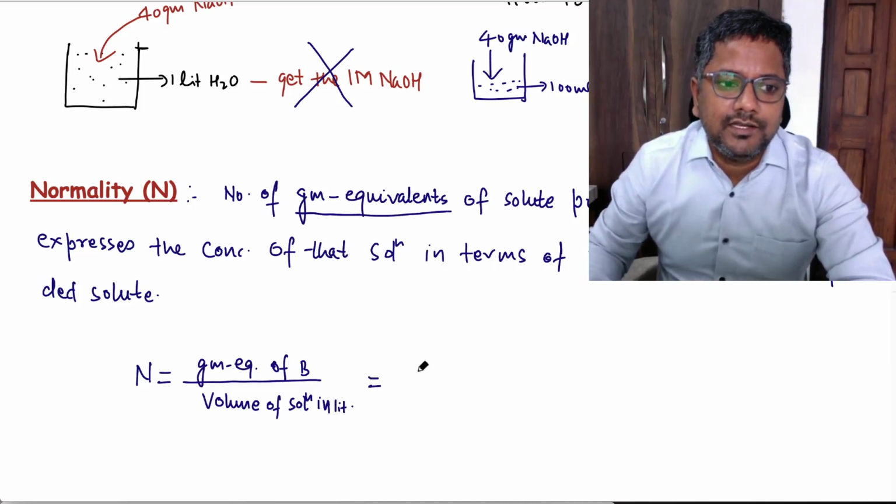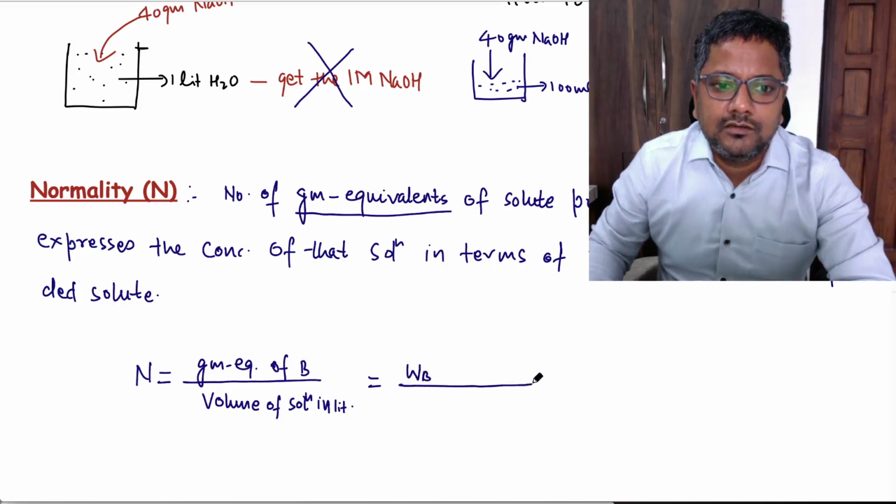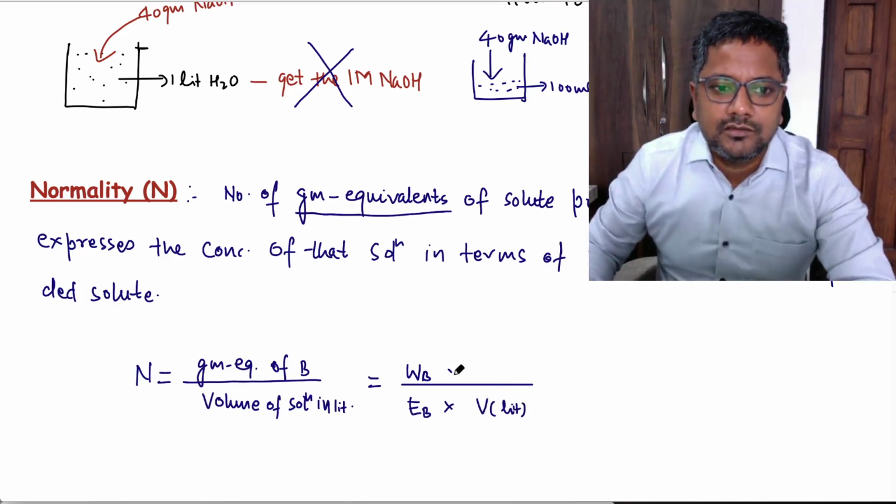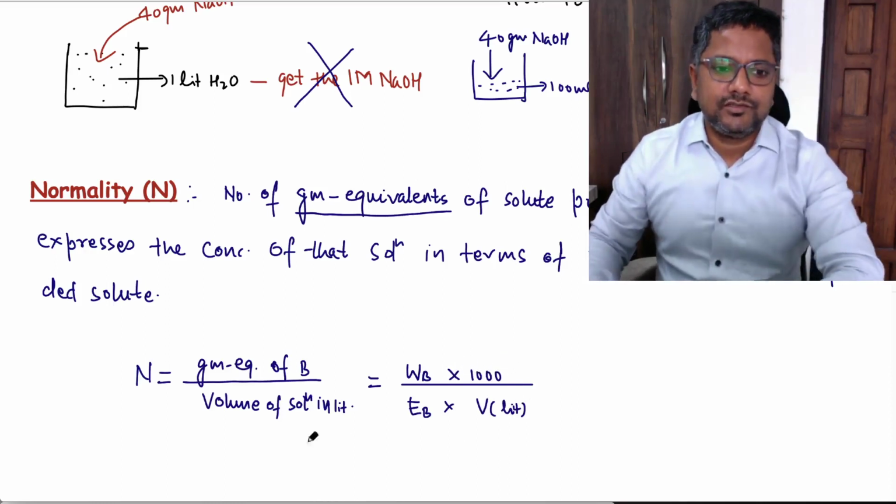So you can write mass of B by equivalent mass of B into V in liters into 1000, right?